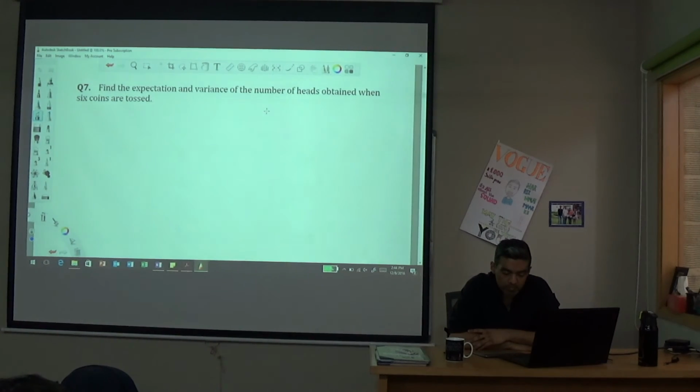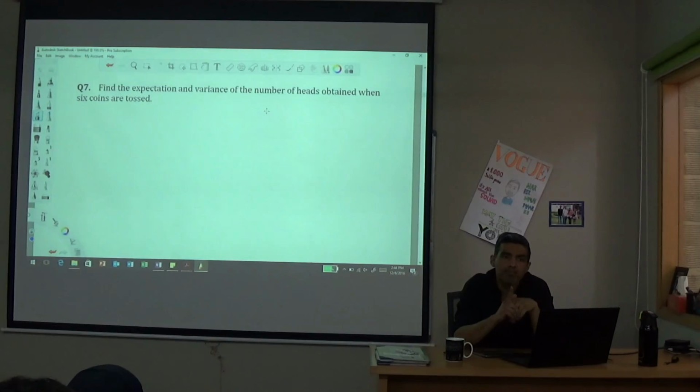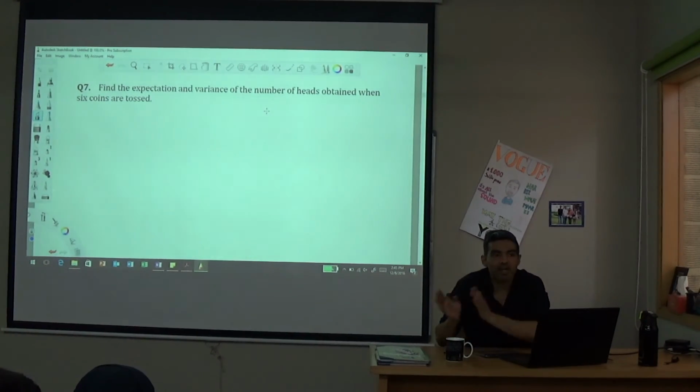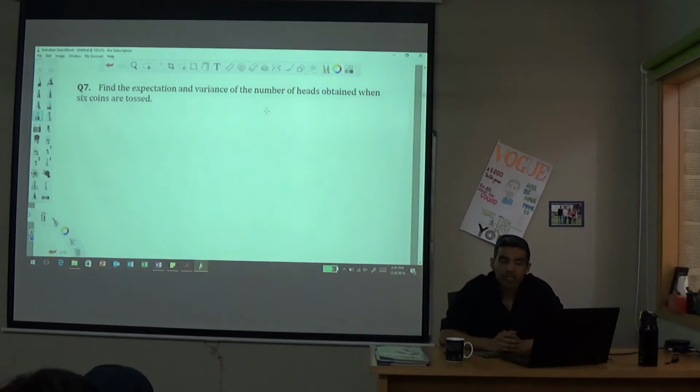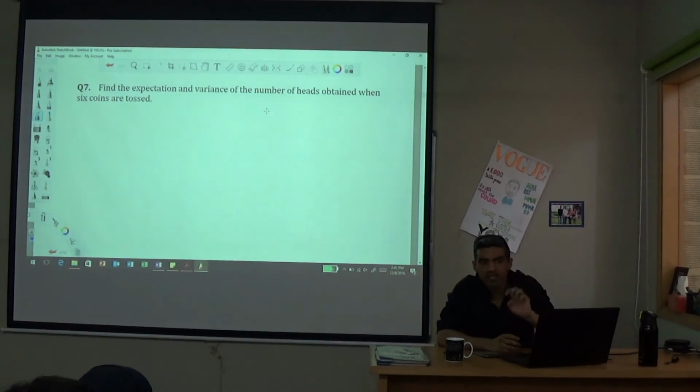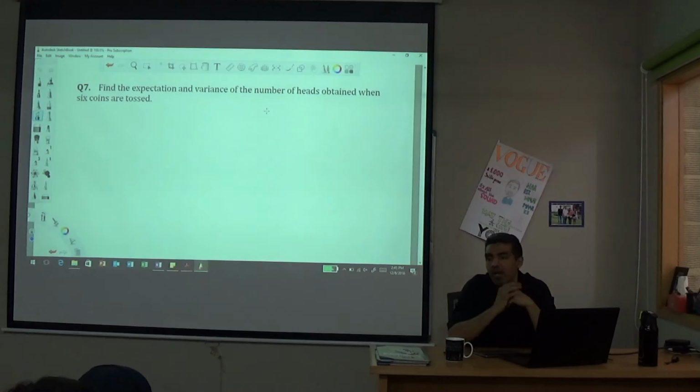This is a case where I would look at it as 6 instances coming from the same experiment. The experiment is flipping a coin and noting whether you got a head or a tail. You've done that 6 times, so you are getting 6 observations from the same random variable.